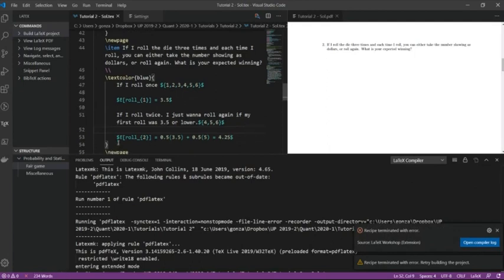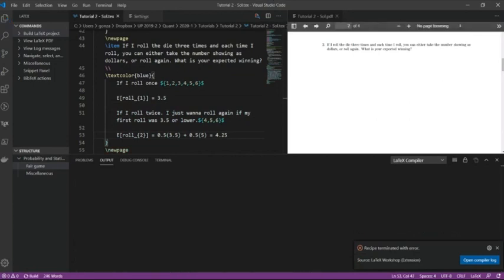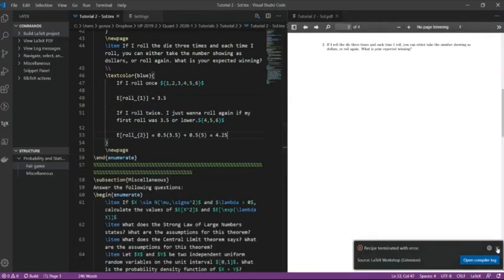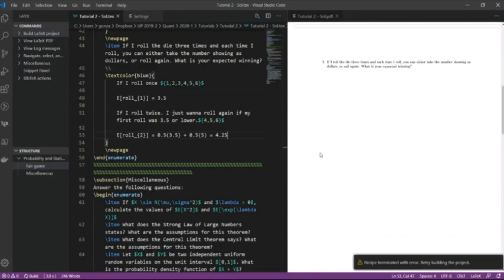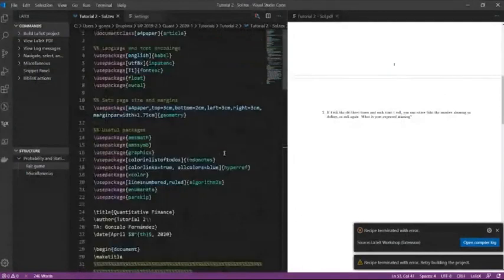Damn it. Okay, I'm going to do something simpler. Let's see where it errors out. Did it change something else?